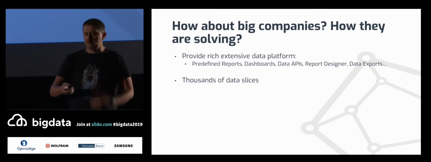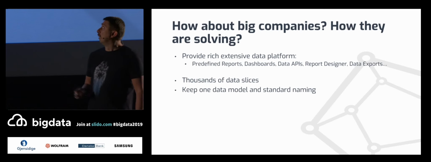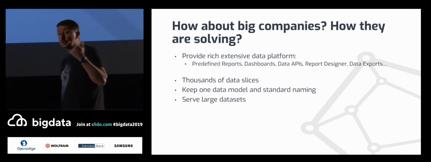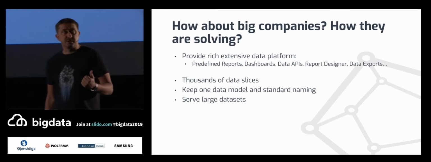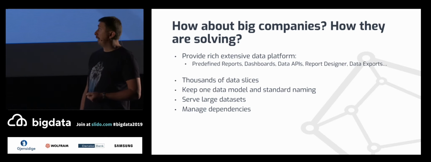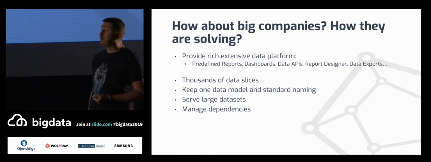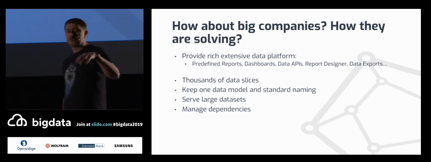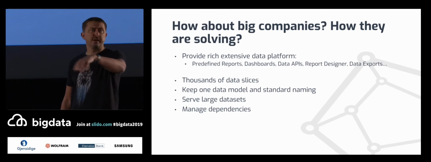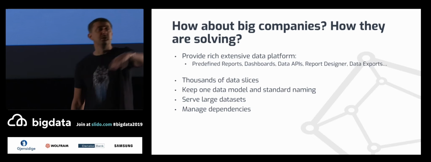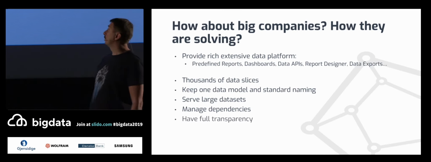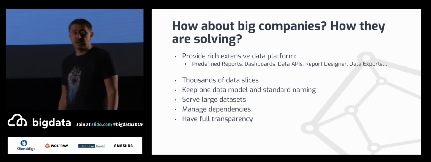Where is their solution? They have a lot of data models, APIs, very large data sets, and all this works somehow. And definitely they manage dependencies, because we have self-service analytics, meaning you can create reports on your own, with predefined reports, KPIs, dashboards, data exports, and so on. And of course, we have full transparency.